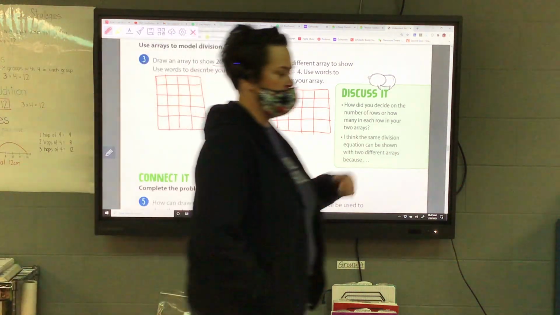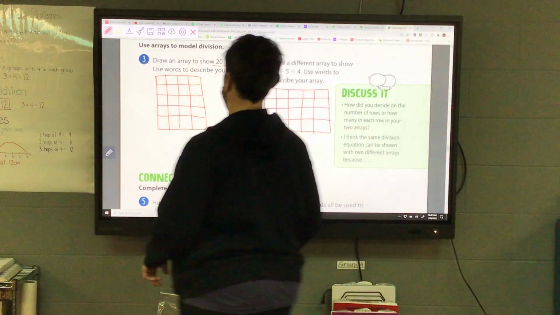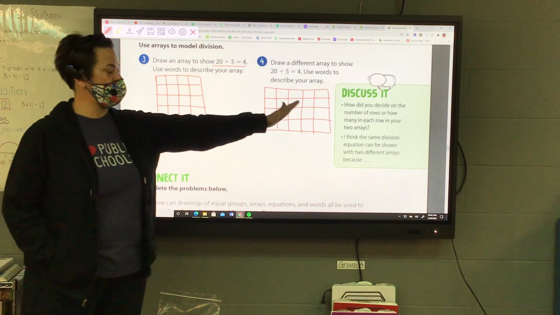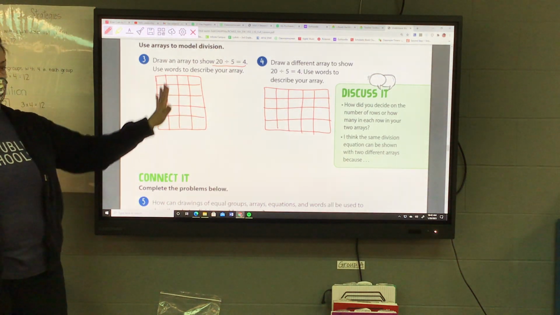We're ready to move on. You had 4 here. What do you need to have there this time? All right, so if you drew the 4 rows, 5 in each row the first time, then your second array should look like this one.